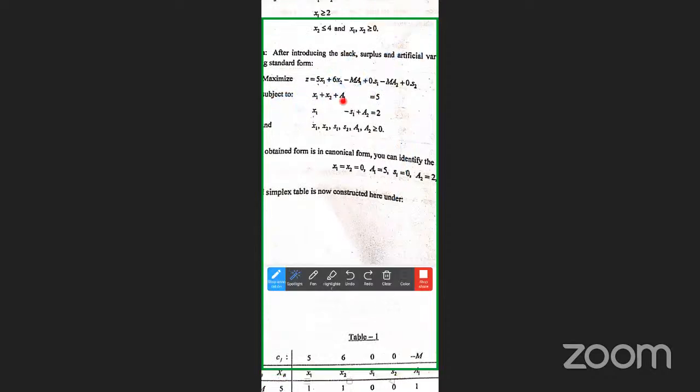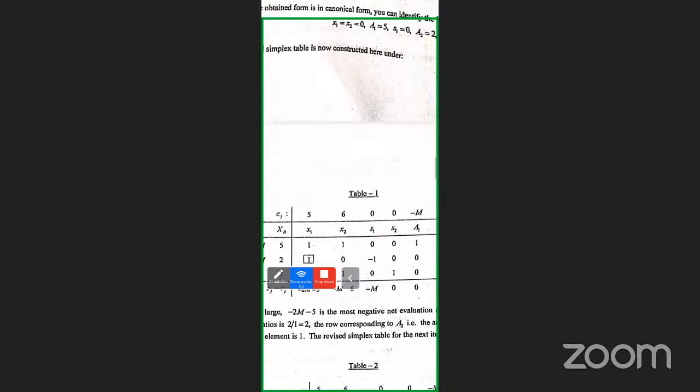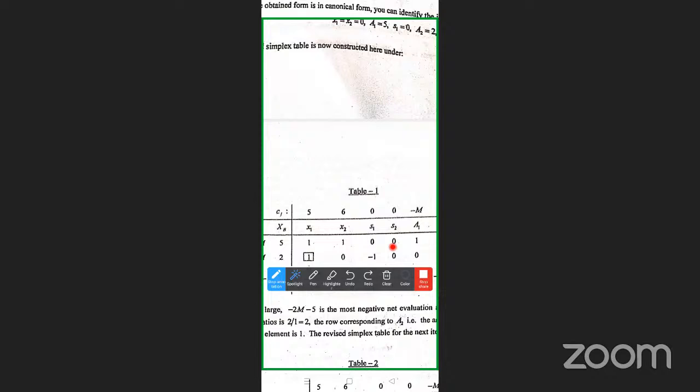Next, matrix form. The first row: 1, 1, then s1, s2 are 0, 0, A1 is 1, A2 is 0. Next, the second row: x1 is 1, x2 is 0, s1 is minus 1, s2 is 0, A1 is 0, A2 is 1.